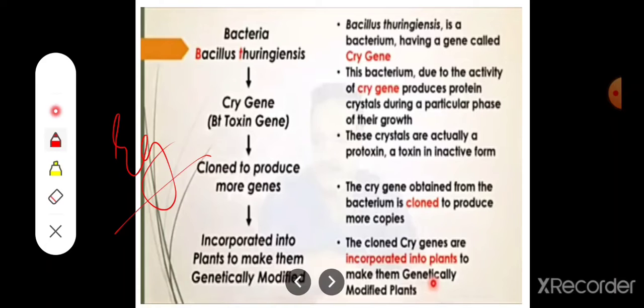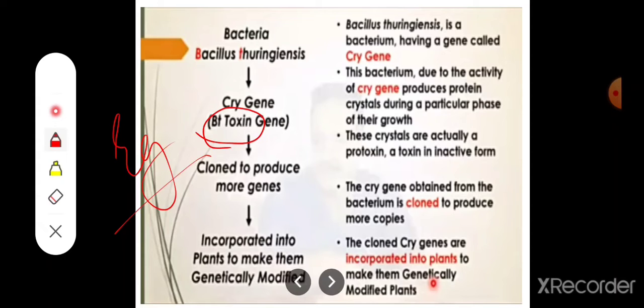Okay, so we are using a toxin which is called the Bt toxin, which helps in producing a pest resistant plant.